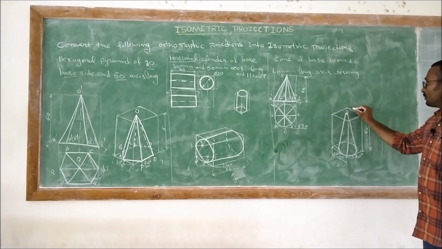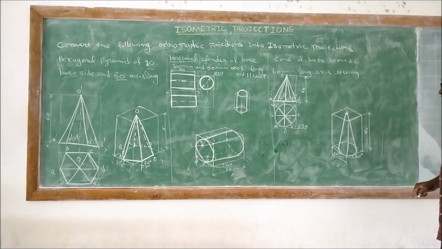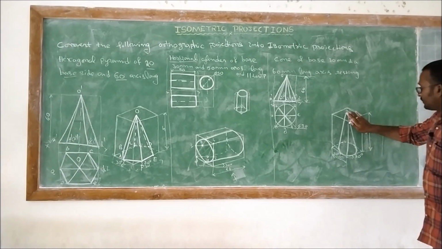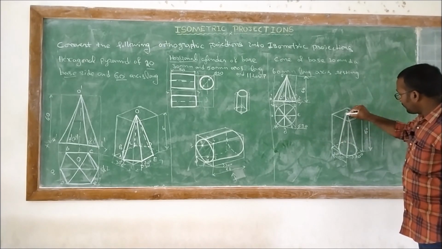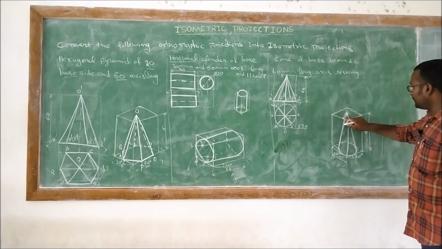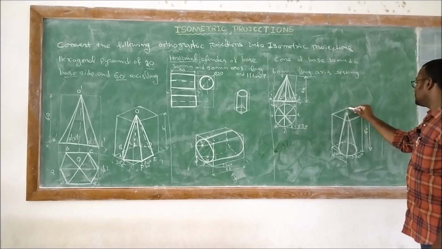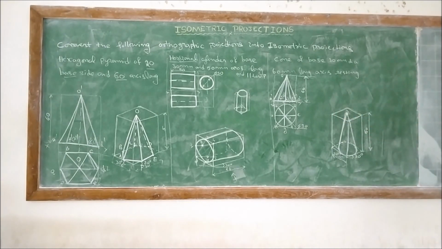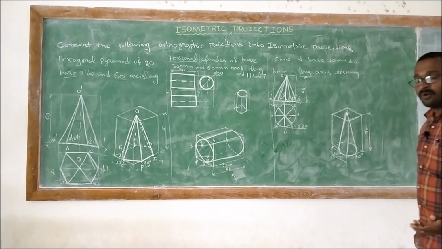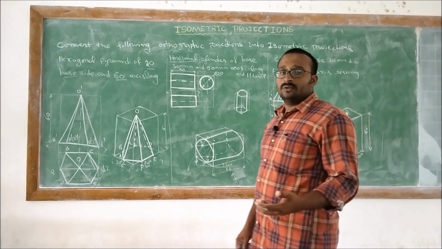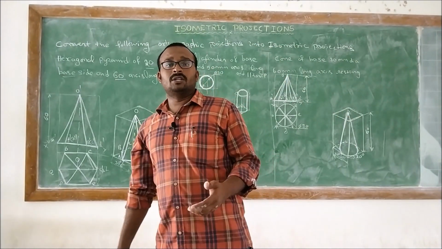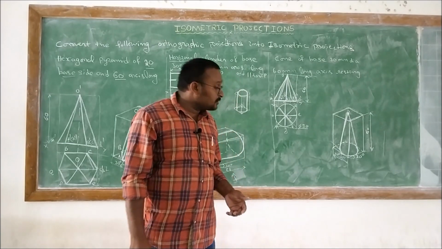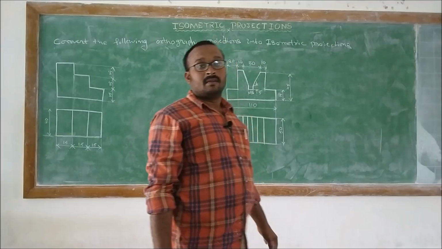Here it is O. Right? In a similar way, we have to construct all the diagrams, whether it is a pyramid, truncated cone or truncated prism, whatever it is. We must convert all the orthographic projections into isometric projections.